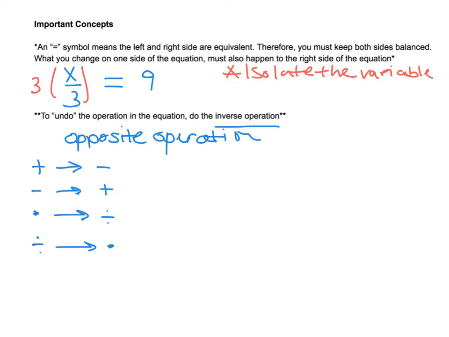Because in this case, we know 3 divided by 3 would give us 1. So that leaves us just with x. But if I'm doing that on the left side, then I have to do the same thing on the right side. Okay? So what you do to the left, you must also do to the right.